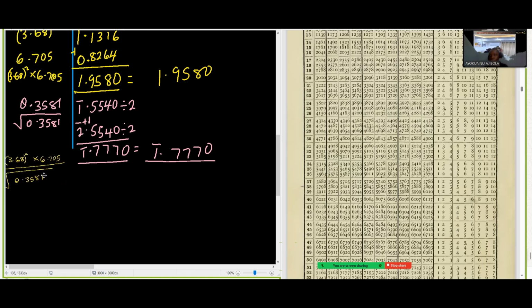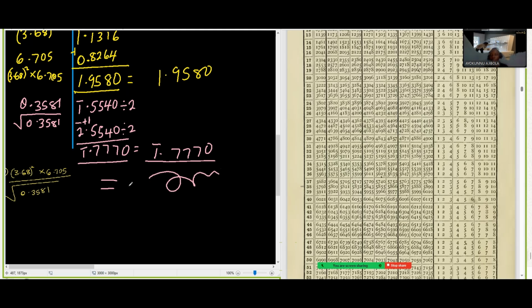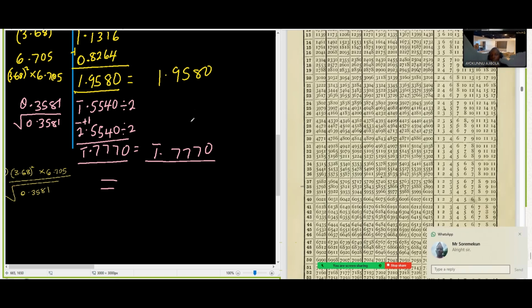So everything here is what I want to do to come here now. Whatever result I get here is a result of all of this. So I'm subtracting now.